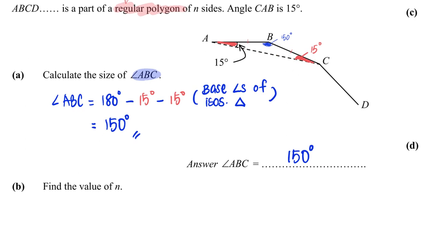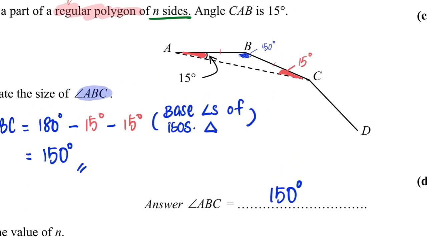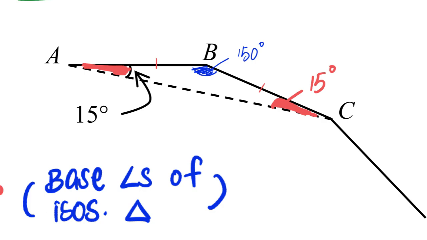Next, find the value of n. Now, n is the number of sides. I'm going to use the exterior angle to help us to solve it. And what are the exterior angles? Since I know this is interior angle, exterior angle is actually this.